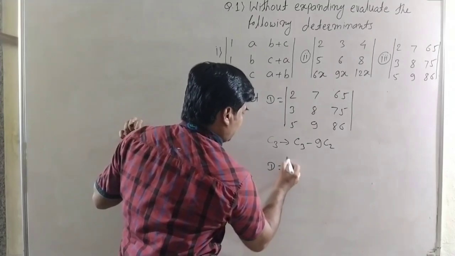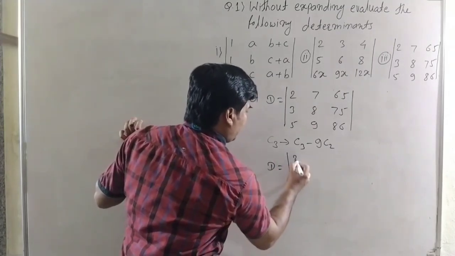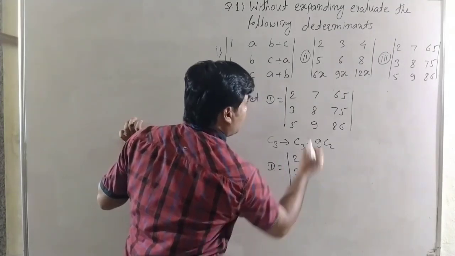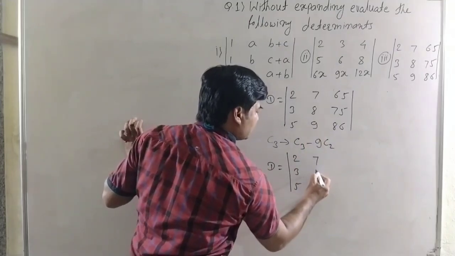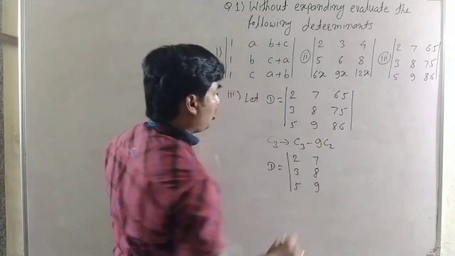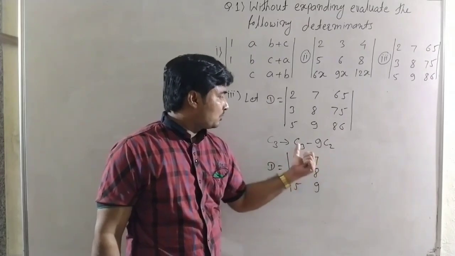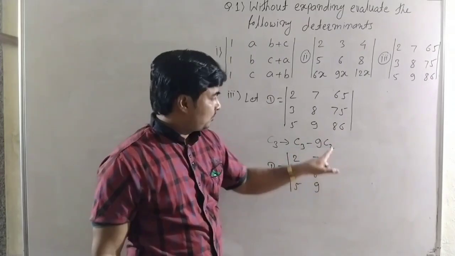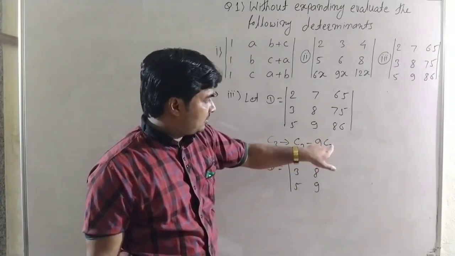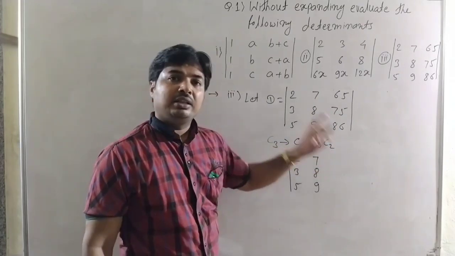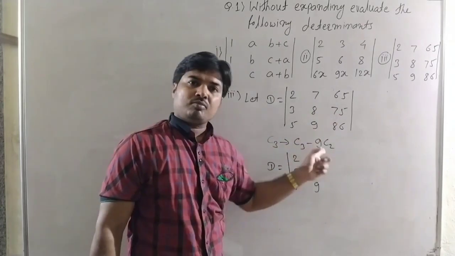Then in the determinant, column 1 as it is, column 2 as it is. But in column 3, we write C3 minus 9 C2. We multiply all elements in column 2 by 9, and then C3 minus 9 C2.